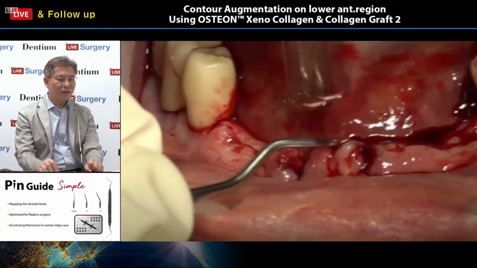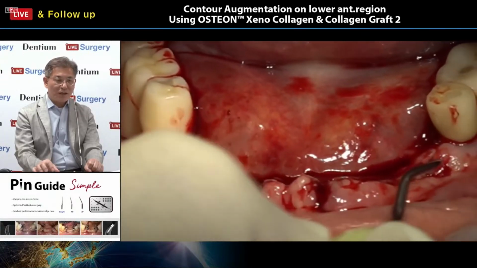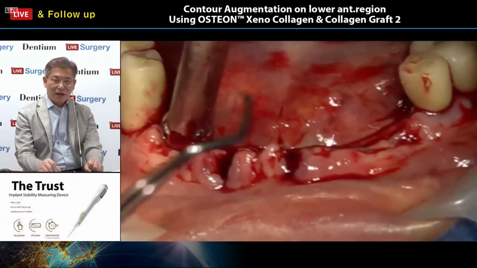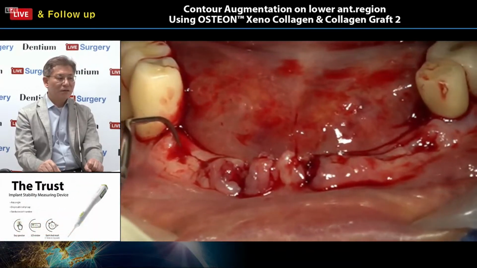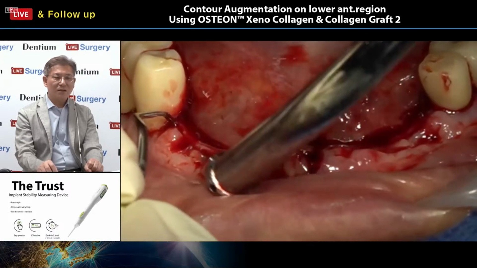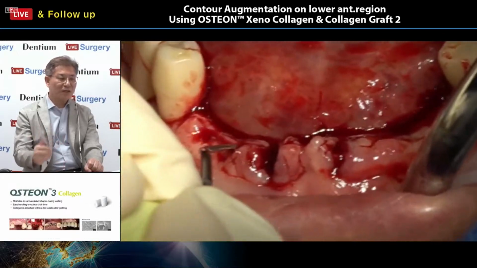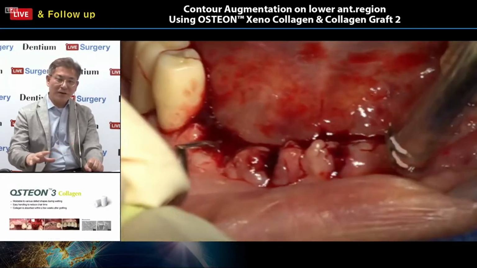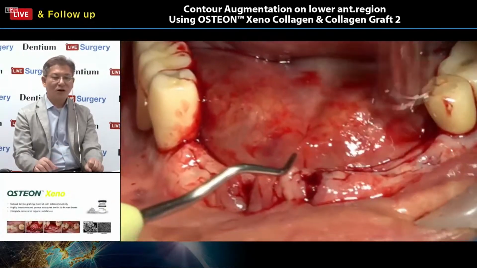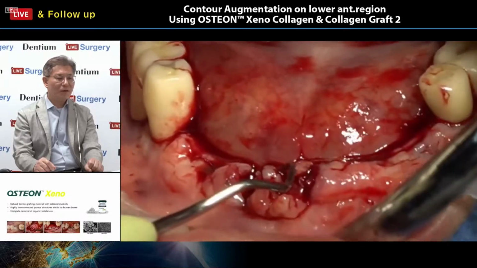Sometimes he can use this periodontal curette, explorer, as you can see just before, and the knife, number 12 scalpel, number 15 scalpel, and others. There are many various methods to cross-check the clean cut of the incision line.